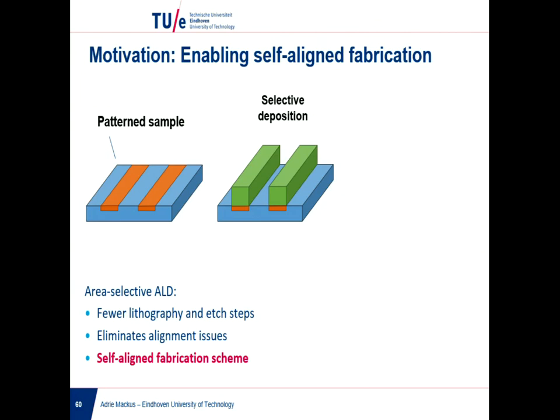And then if you do that, you can get away with using fewer lithography and etching steps. You basically eliminate this alignment issue, and then we get something that we refer to as a self-aligned fabrication scheme. So self-aligned fabrication, that's currently the main reason to work on area-selective deposition.